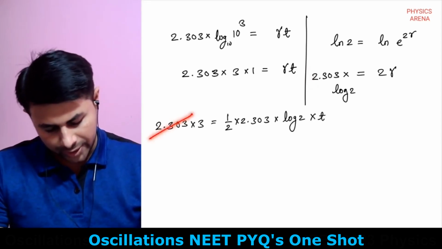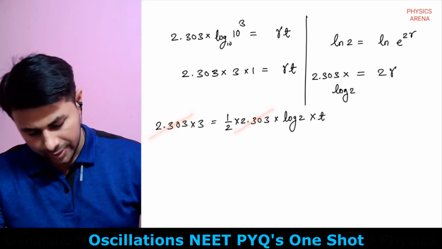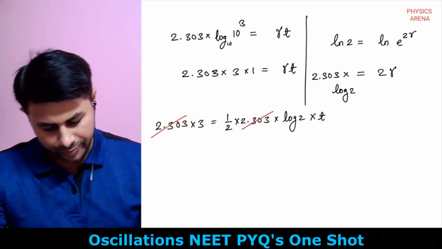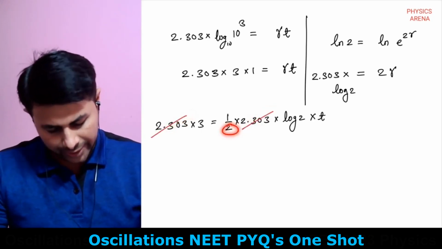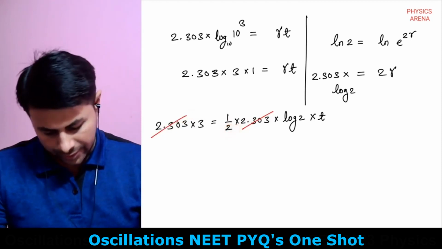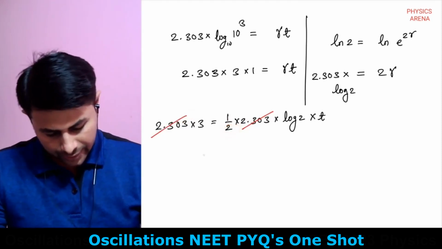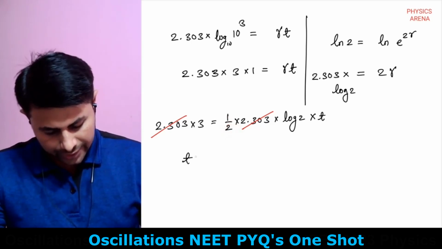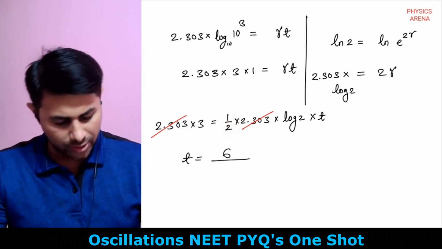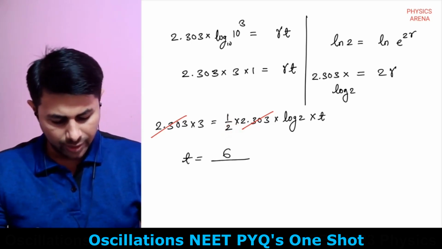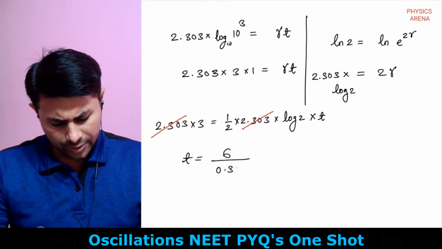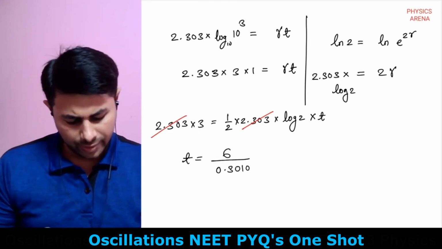The 2.303 gets cancelled. 2 can be taken to the left hand side, so it is 6. So t is equal to 6 divided by log 2, and log 2 is 0.3010.